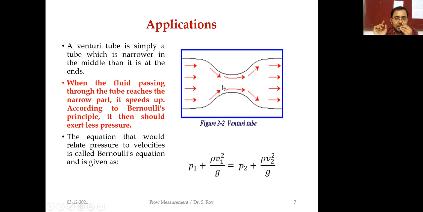So if I use a Venturi tube with this kind of structure, then what will happen? As per the continuity equation, the velocity is going to change. And as per Bernoulli's principle, the pressure is also going to change. If I just rewrite Bernoulli's theorem, it should be: P1 plus rho V1 square by 2 equals P2 plus rho V2 square by 2.